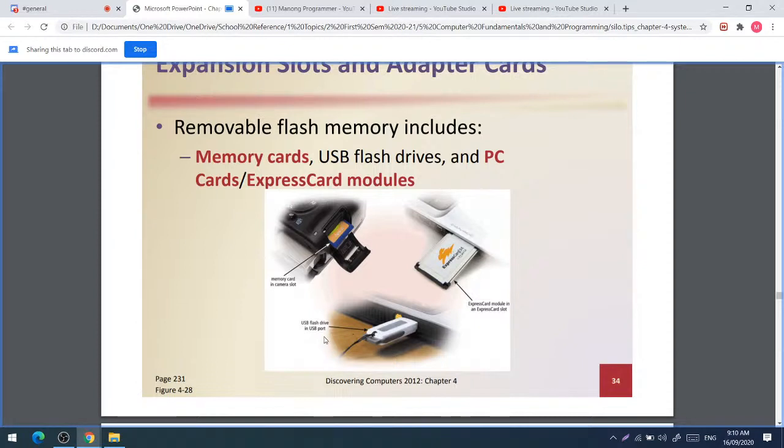Guys, take note, another wrong term na ginagamit natin is yung USB. USB is not storage. From the word USB, Universal Serial Bus. USB po, or USB port, these are the port that we use to connect flash drives or USB flash drives.